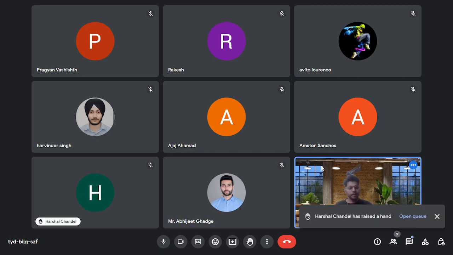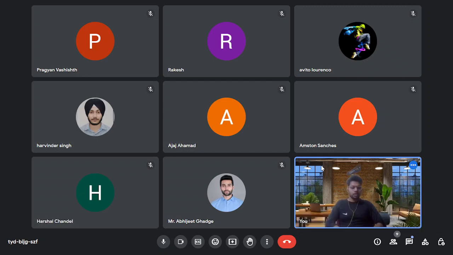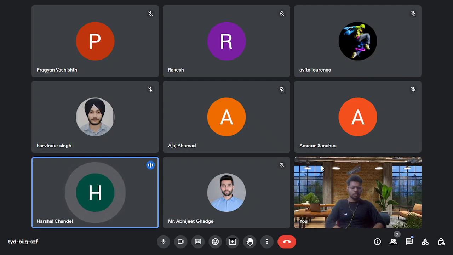Yeah, Harshal. In the radiographic test, what happens is, let's say you have a metal plate, and below it you have a film which is recording the X-rays passing through.